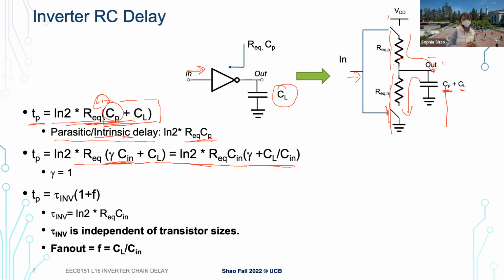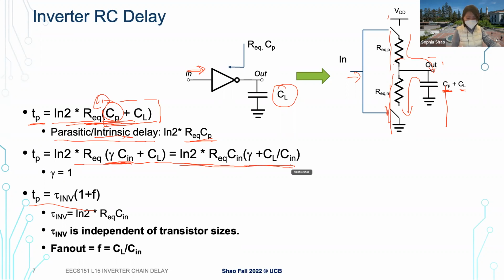What you will see a lot when we talk about delay, especially at a high level to reason about delay, is that we typically use a much simpler equation or strategy. The reason we try to simplify it is that we can reason about it directly.